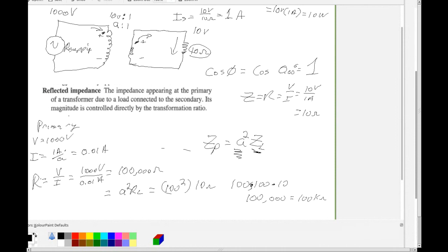There's a couple of problems on calculating the reflected impedance, calculating the voltage on both sides of the transformer, and calculating the power on both sides. Remember, the problems I gave you assume a perfect or ideal transformer. So your power supplied, your power on the primary side, and your power at your load, they better be the same. Okay.